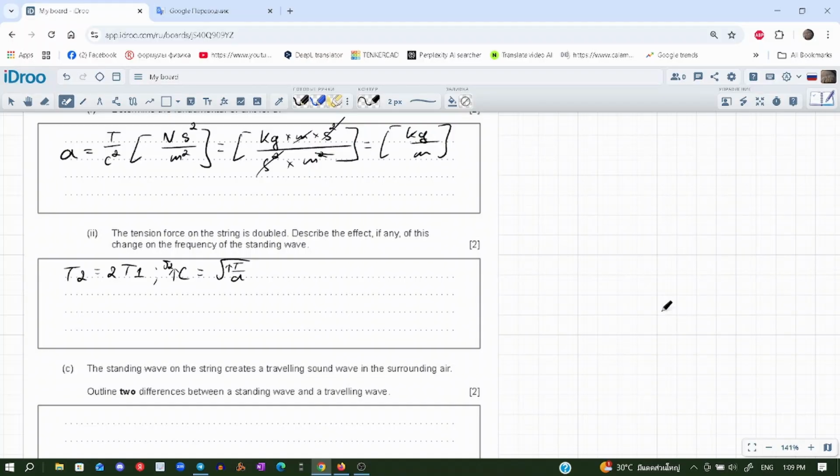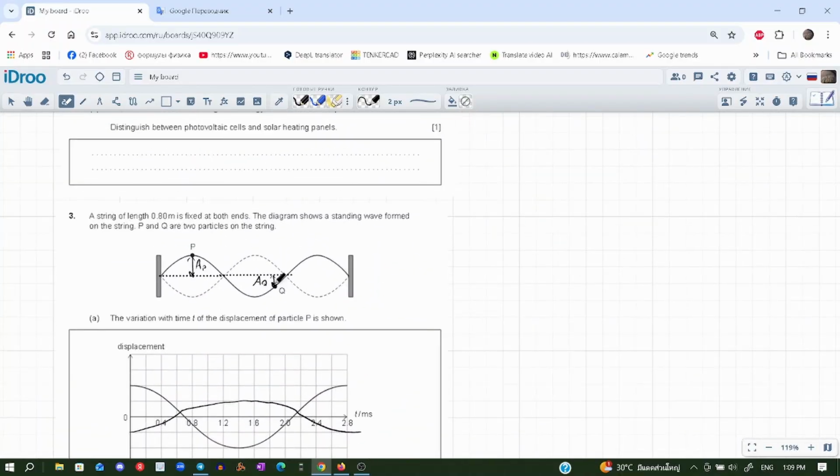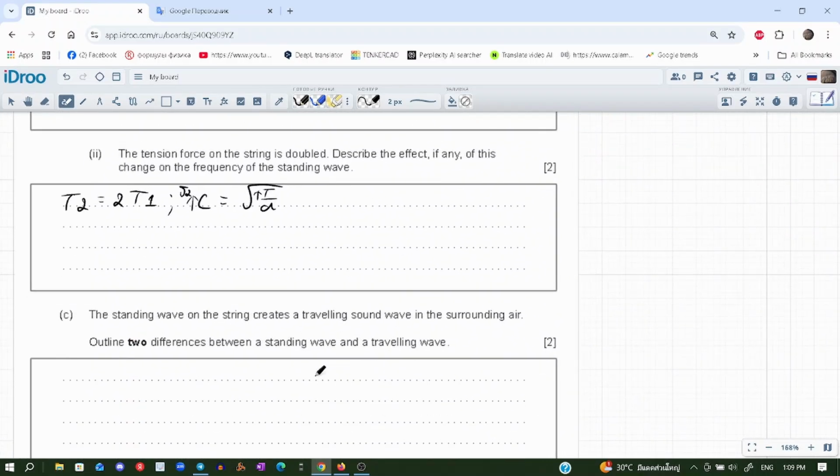Because the wavelength is still the same. We deal with the same standing wave here, and it has fixed wavelengths. So that's all.